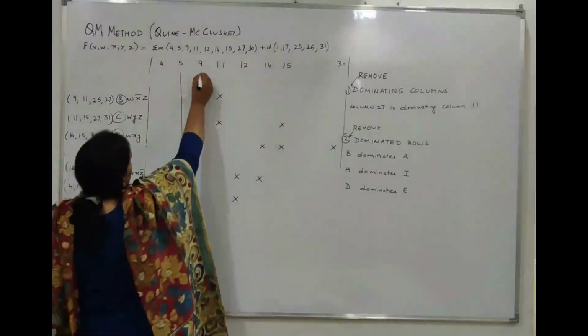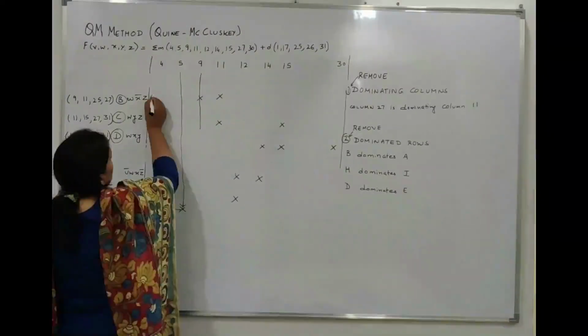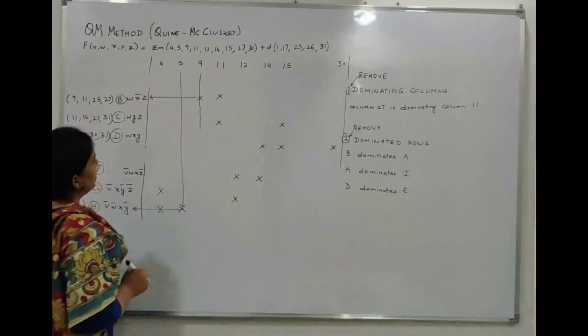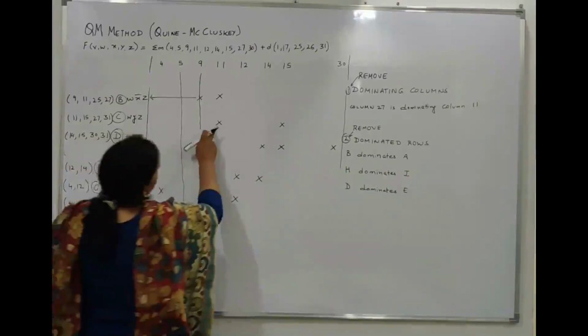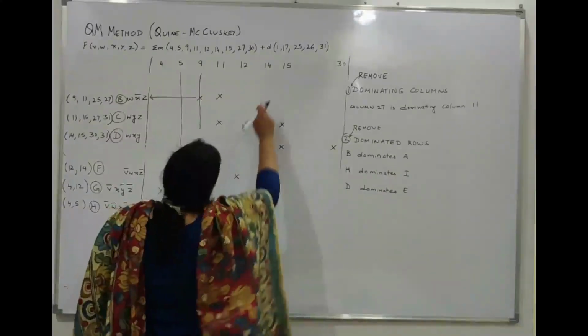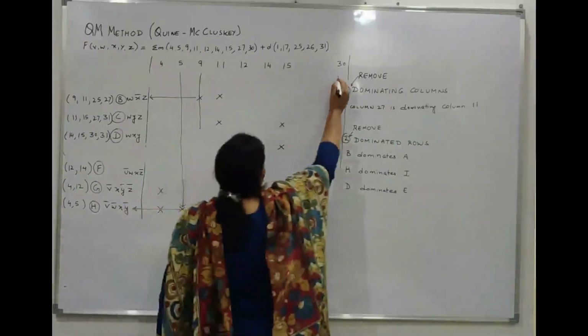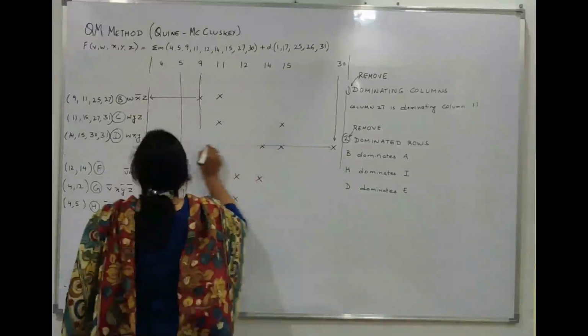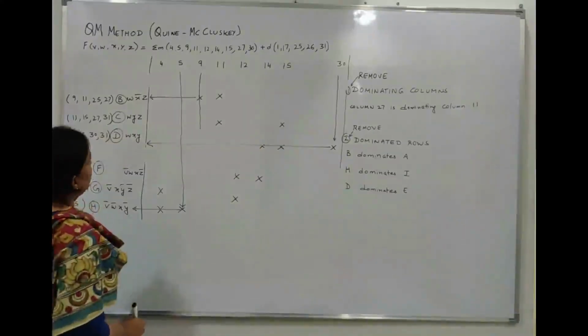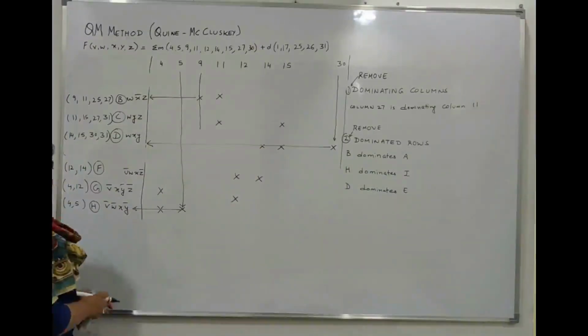Then this is single, so this is also an essential prime implicant. These have two ones each. This is a single one, single cross, so this is also an essential prime implicant.